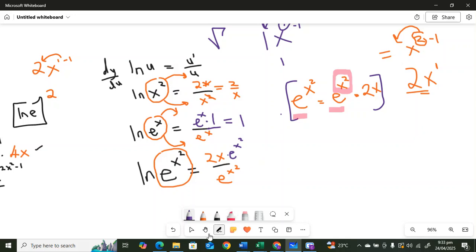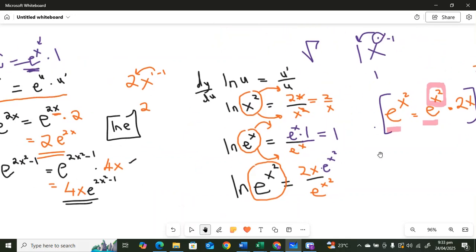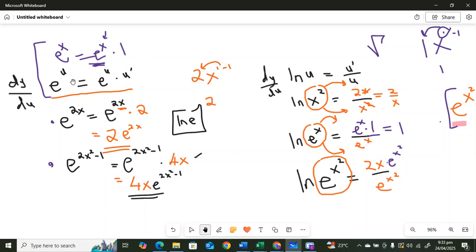Here, the secret is this, colleagues. Just write down the rule first, because if you don't write this rule down, every time I'm deriving, you just get confused. Okay, write the rules down here. For natural log, in simple words, when you derive a natural log, your answer is a fraction.